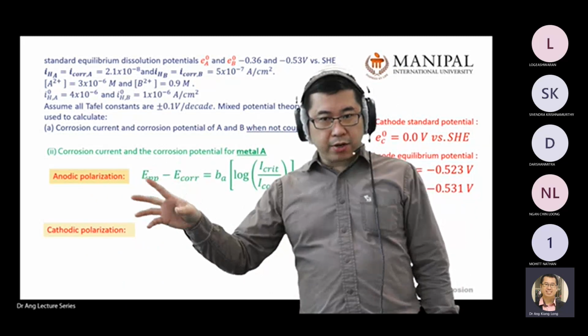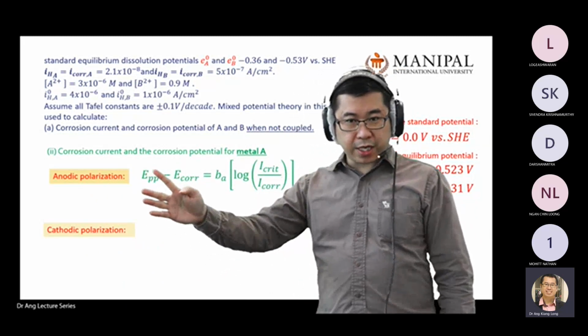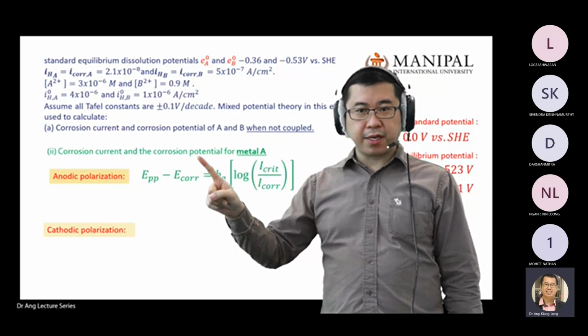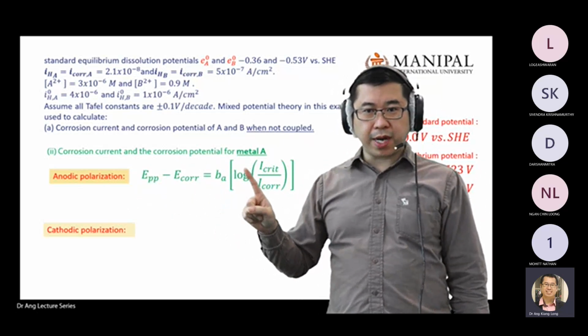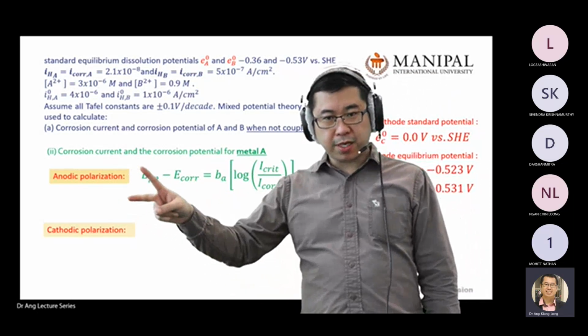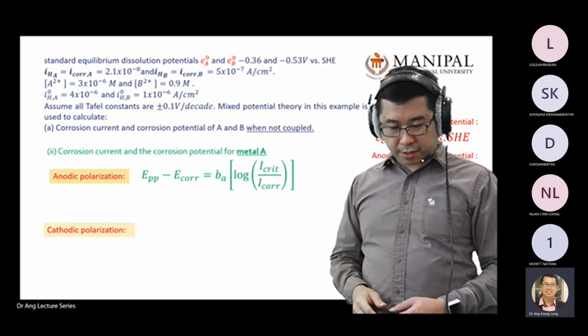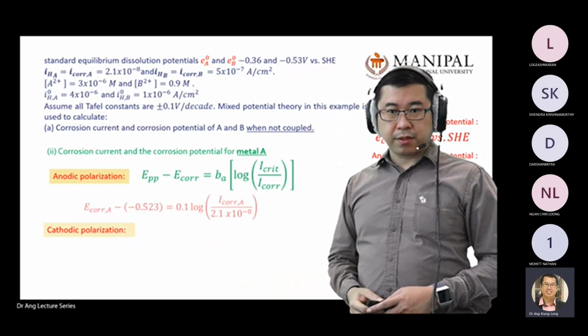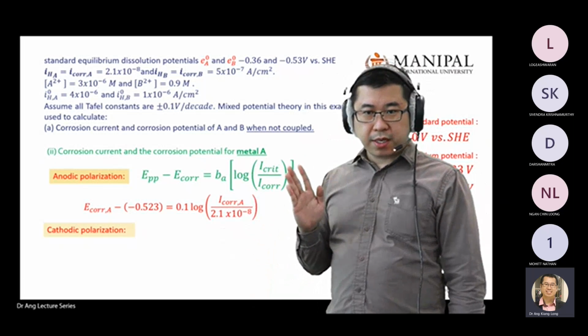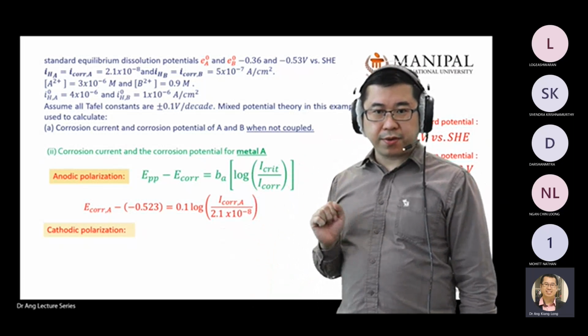Anodic polarization, just now I explained about this equation. I explained about the EPP, E corrosion, BA, and why you can get the log of something divided by something, right? So this one is for the anodic polarization. You substitute the value into the equation that we derived just now.